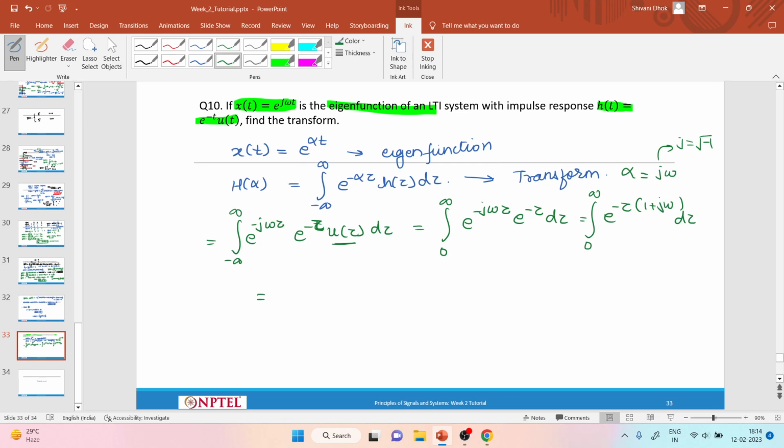This is equal to e power minus tau 1 plus j omega upon minus of 1 plus j omega from 0 to infinity. This is equal to 1 upon 1 plus j omega. So this is the value of h of j omega, which is your transform.